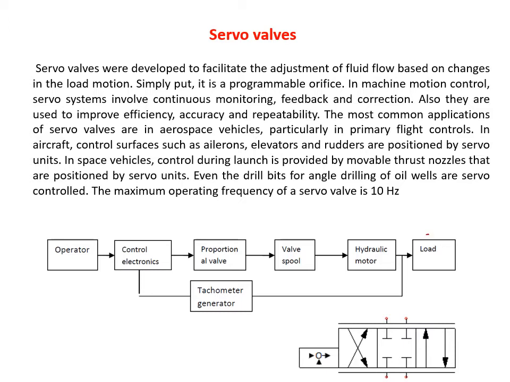The hydraulic motor will drive the load, and the motion of the hydraulic motor is fed back to the control electronics. Let us say you are controlling a hydraulic motor, you can study its RPM, so that your proportional valve will get the input automatically to balance its output. So it's kind of a closed loop system which is running in servo systems.